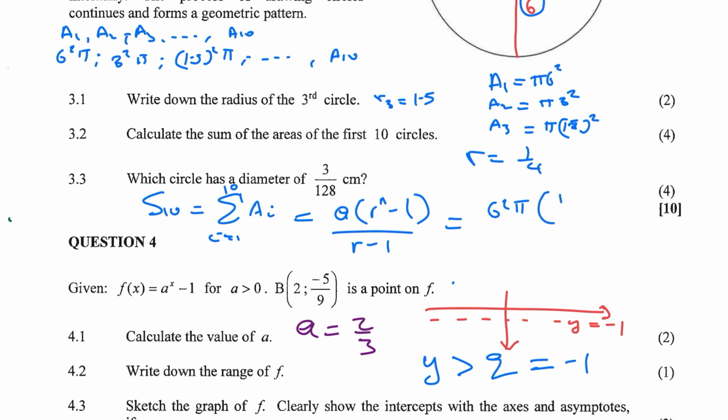And r is 1 over 4, and n is 10, because we're looking at the sum of the first 10. Then r minus 1 is 1 over 4 minus 1. You just punch this into your calculator, and you get your answer.